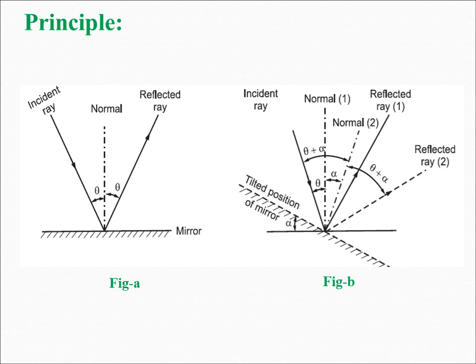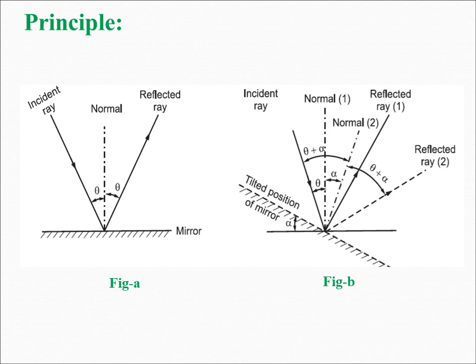And if we see the total angle between the incident ray and the reflected ray, then it is twice theta. So this is the generalized principle.